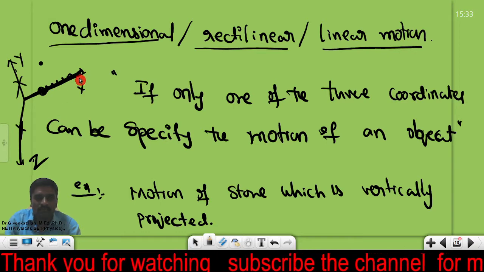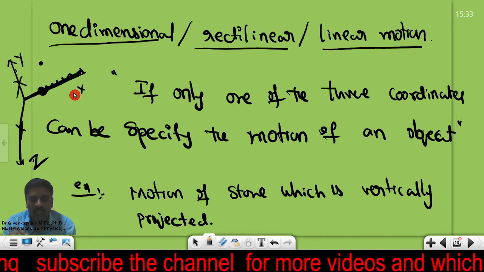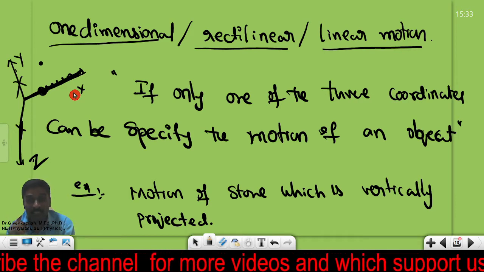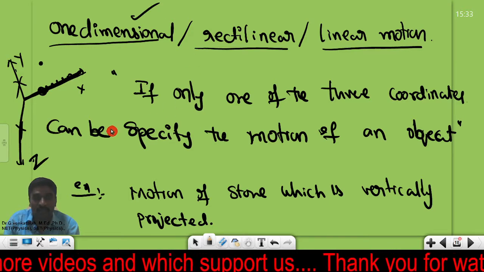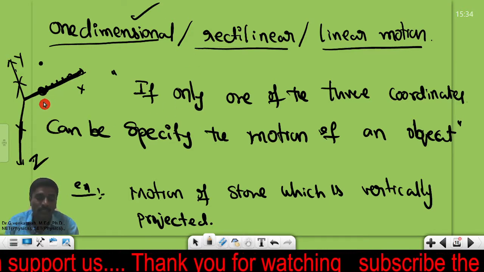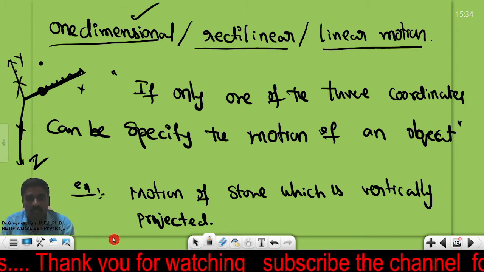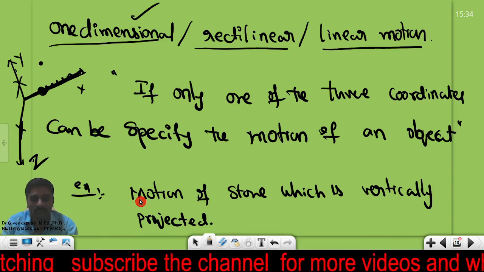That means if the motion of the object is on only a single axis, that type of motion is called a one dimensional motion. In that case, with the help of one axis only, we can easily specify the motion of the object. That's why one dimensional motion needs one axis only.